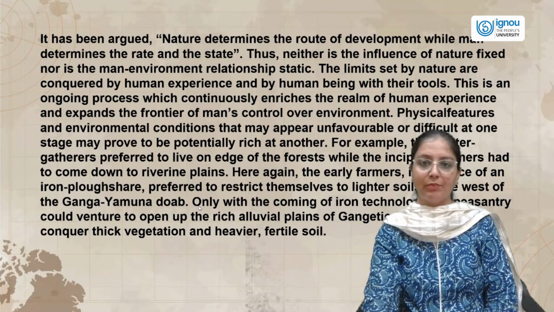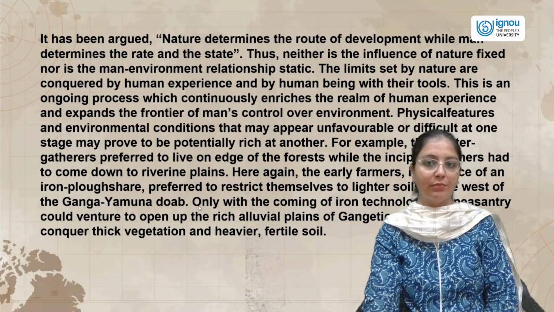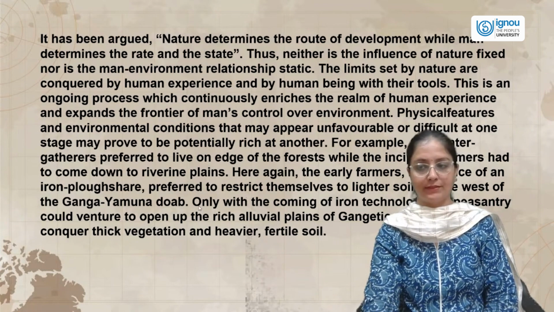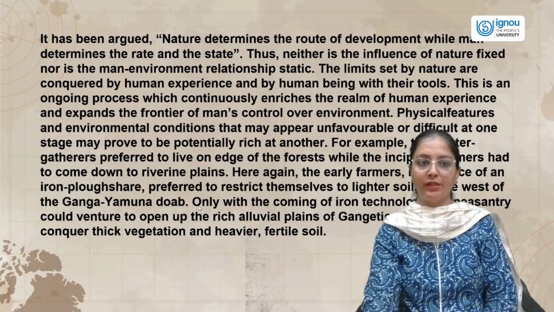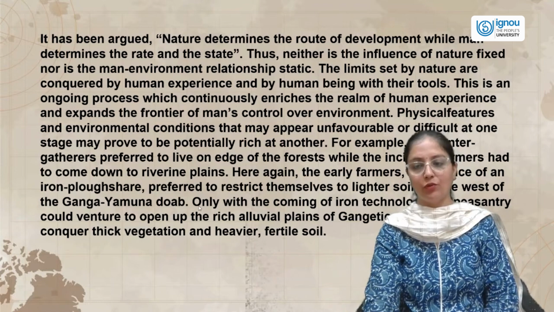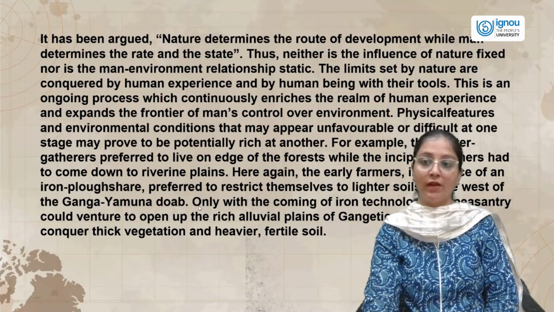The limits set by nature are conquered by human experience and by human beings with their tools. This is an ongoing process which continuously enriches the realm of human experience and expands the frontier of man's control over environment. For example, hunter-gatherers preferred to live on the edge of forest, while incipient farmers had to come down to riverine plains.